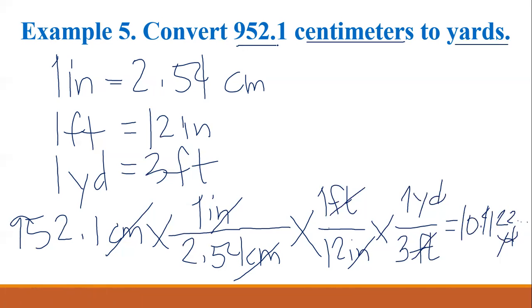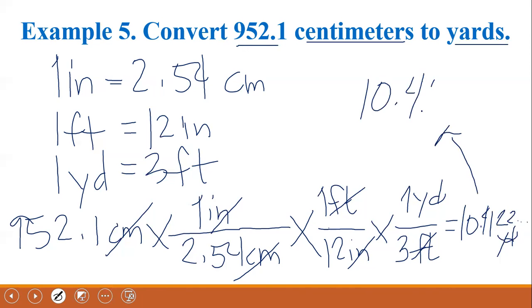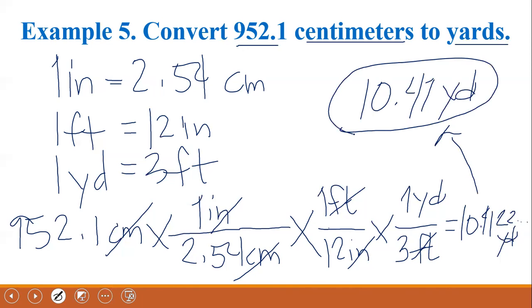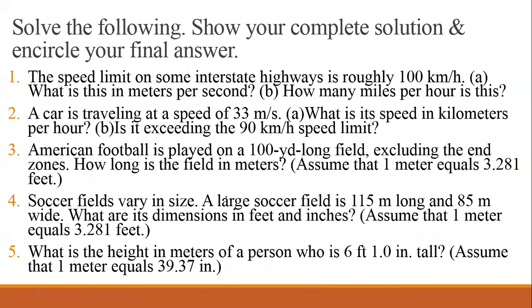Since the number of digits that the answer actually has is more than the number of digits that it should have, the calculated answer must be rounded to 10.41 yards. Okay? So that is multiple conversion.